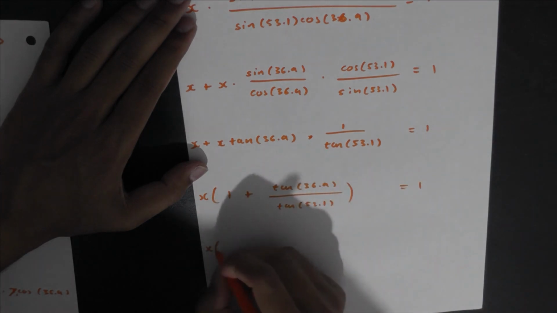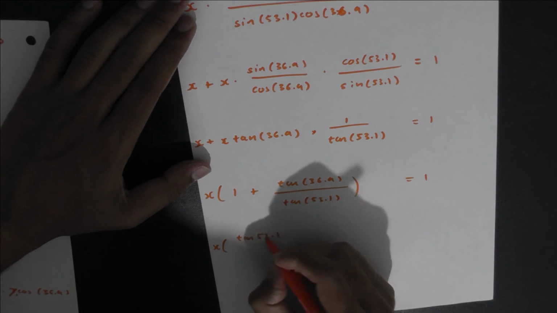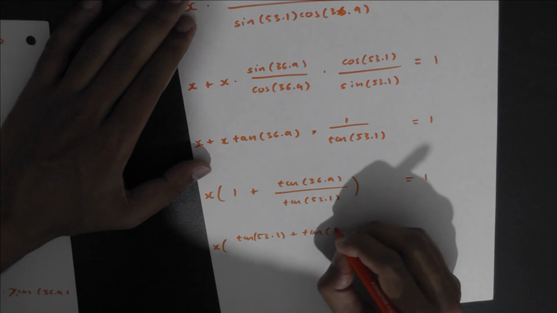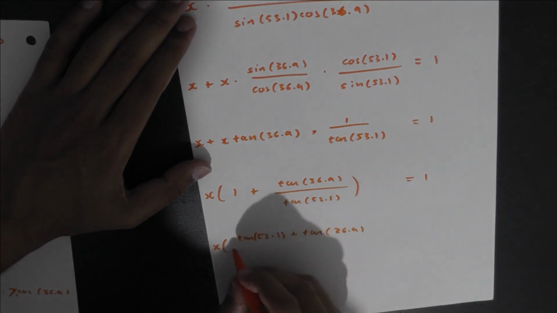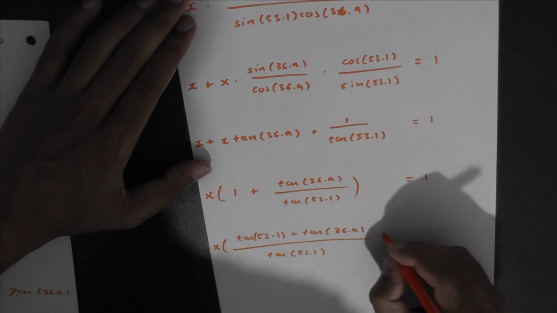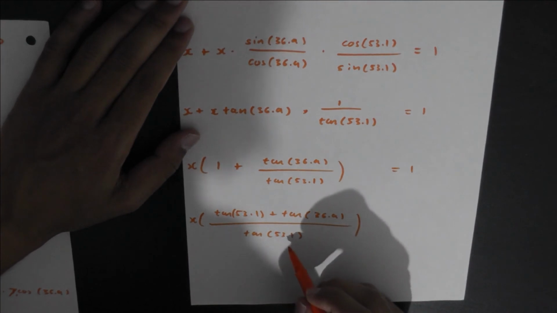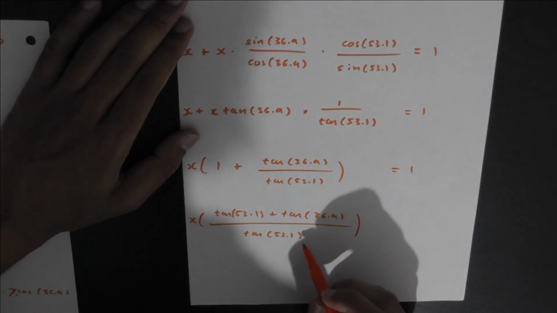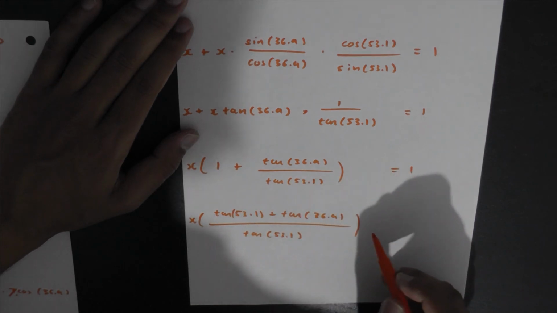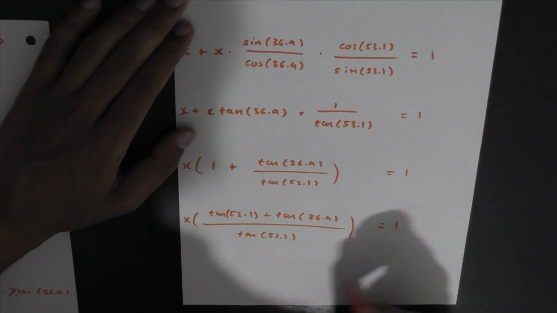Let me simplify it more so we can easily put it into our calculator: x times tan 53.1 plus tan 36.9 over tan 53.1. Now when we divide both sides by this amount, it's the equivalent to multiplying by tan 53.1 over tan 53.1 plus tan 36.9, and because we have 1 on that side, it just becomes the reciprocal.